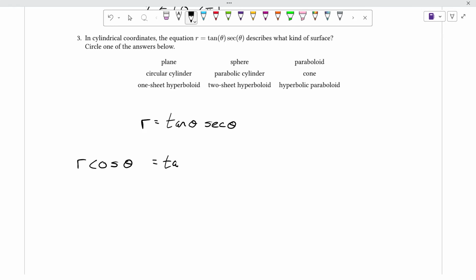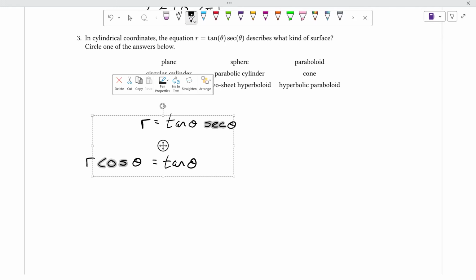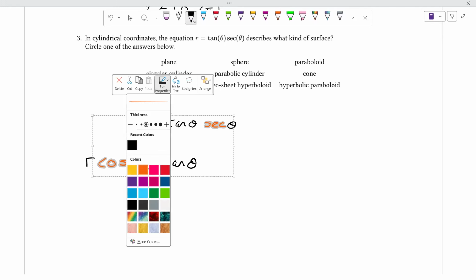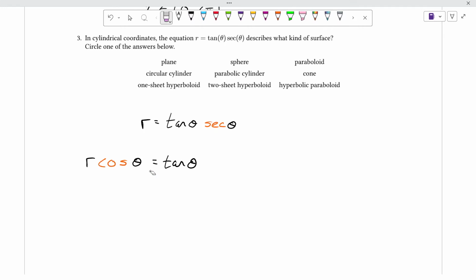All right, tangent theta. So what I'm doing here is noticing that I've got a secant theta on the right side. And so I'm going to multiply that secant theta over to the other side, since secant is 1 over cosine.